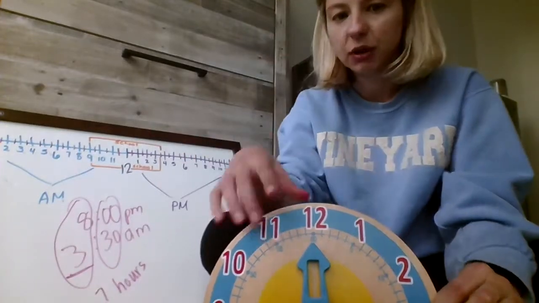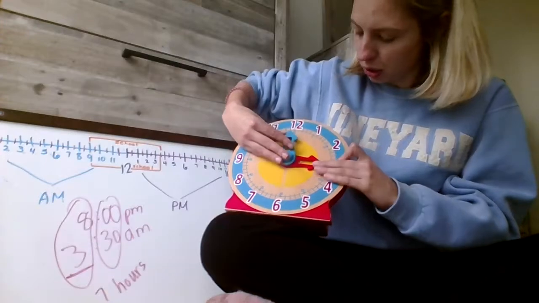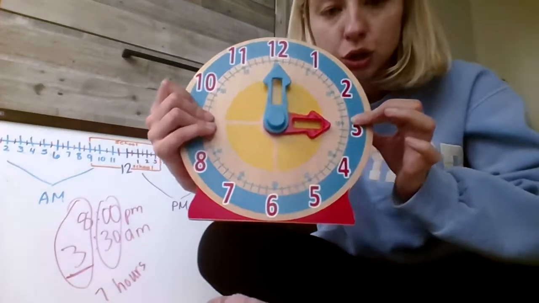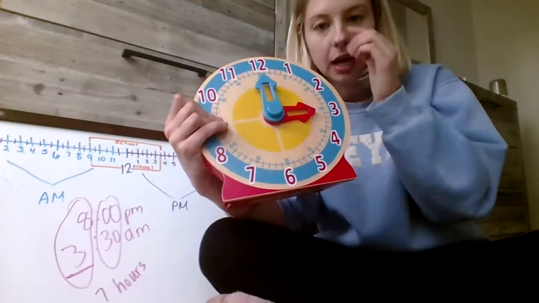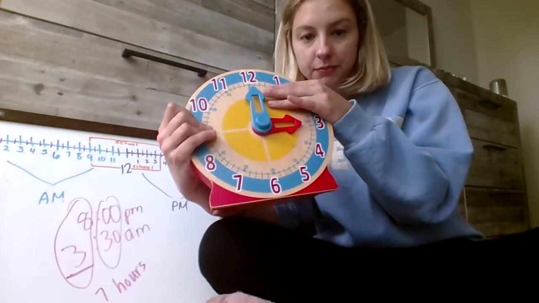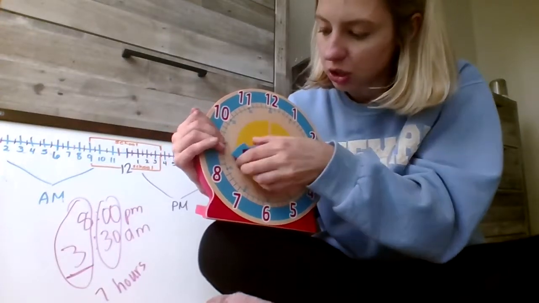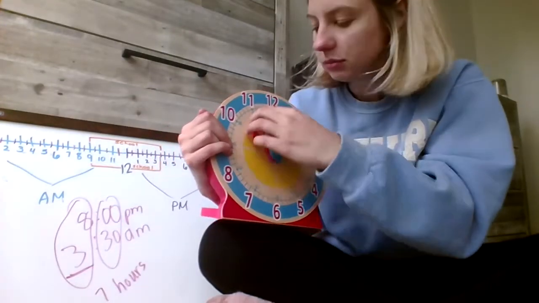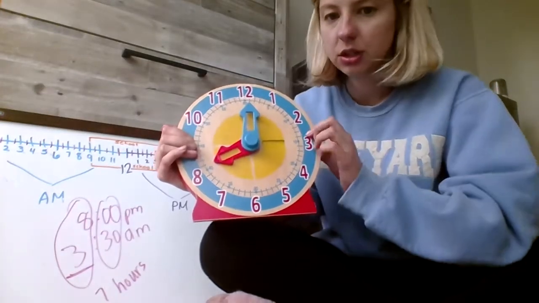Now, how do we get from 3 o'clock to 3:30? Well, now we move the minute hand, because here's what we just did before. We started at 8, and we want to get to the 3 o'clock, which we did.